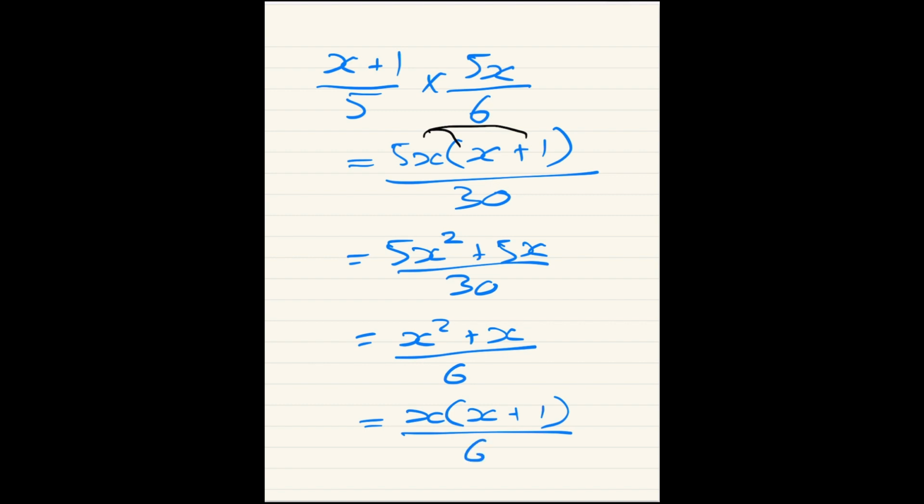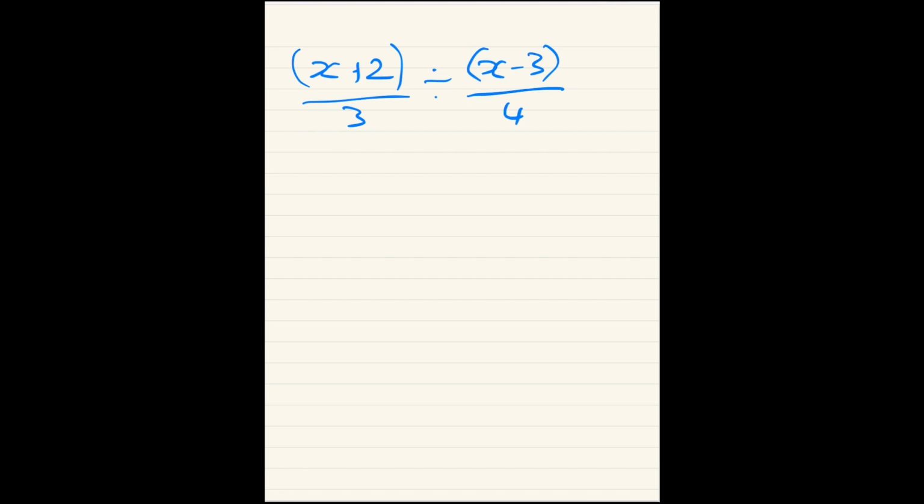If I was to look at a division, we'll go for something similar. So I have x plus 2 over 3 divided by x minus 3 over 4.